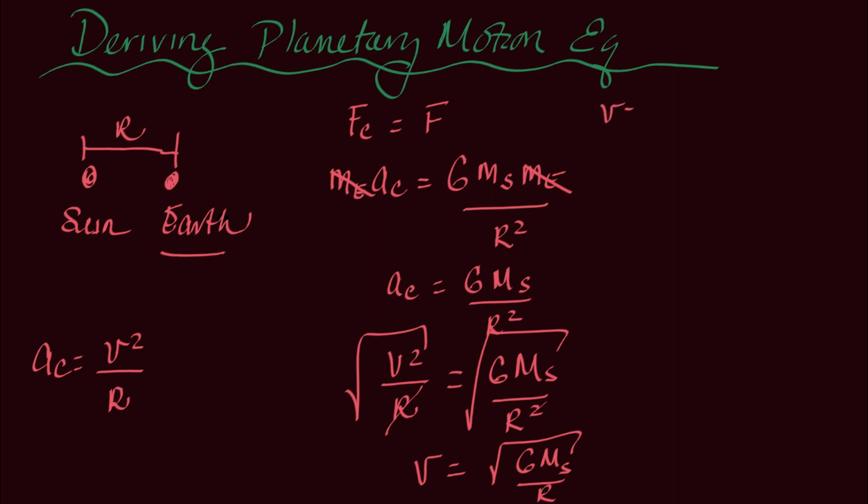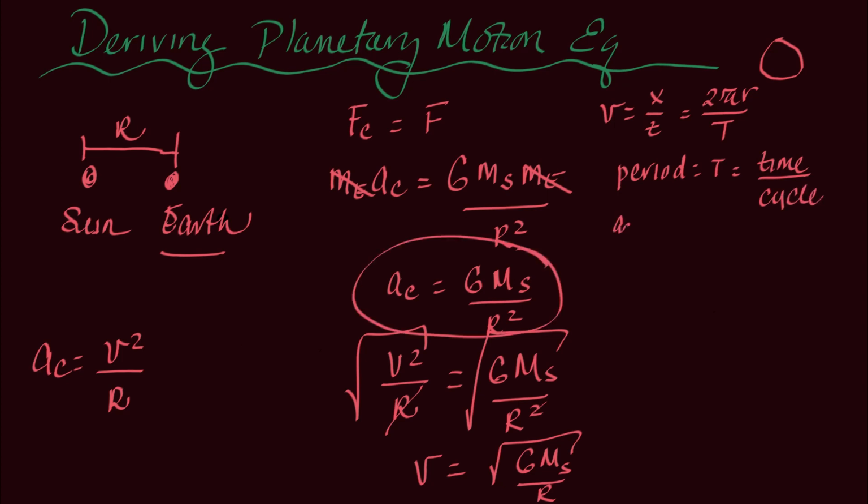Formula for velocity is distance over time. Since we are traveling in a circular motion, the distance traveled is 2 pi r, or the circumference of the circle, over the period. We use the period T because it is the time to complete one cycle.